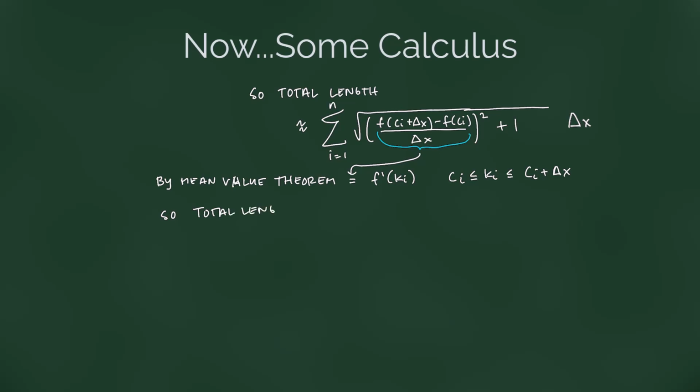This tells us that we can rewrite the total length as approximately equal to the sum from i equals 1 to n of the square root of 1 plus f prime of k sub i all squared.